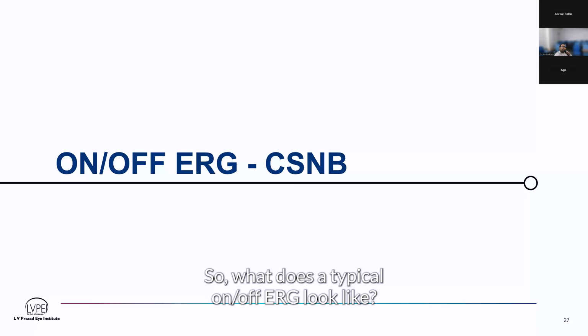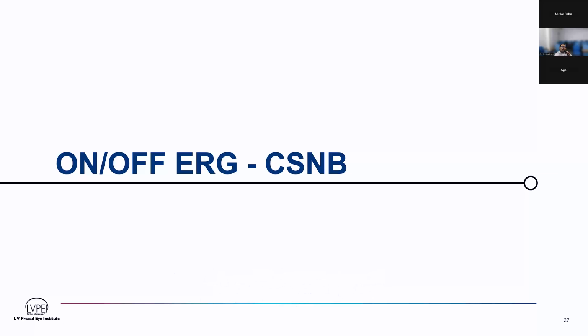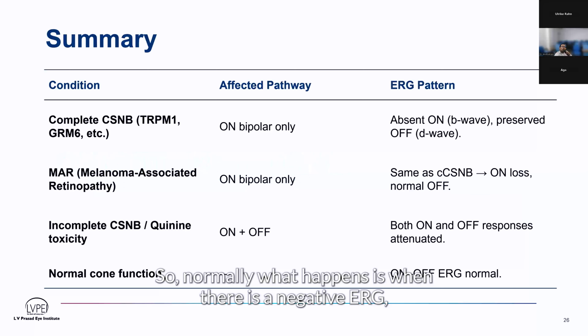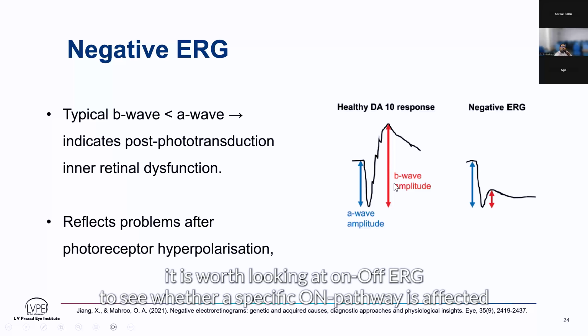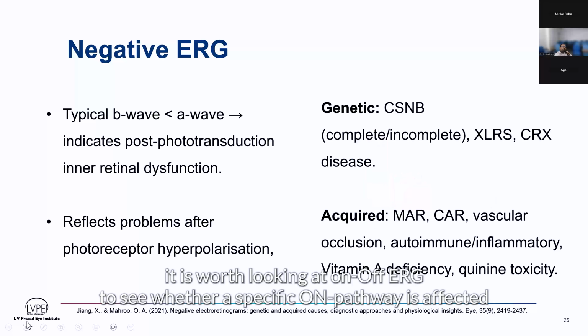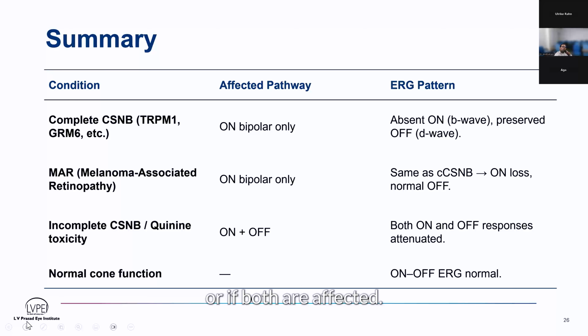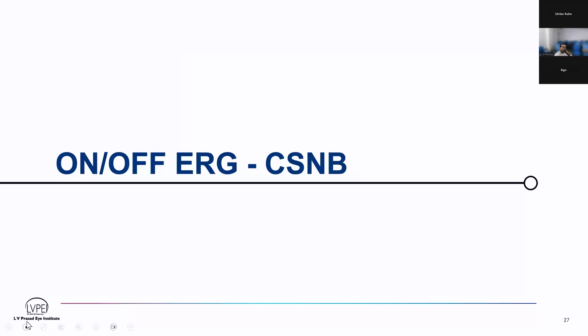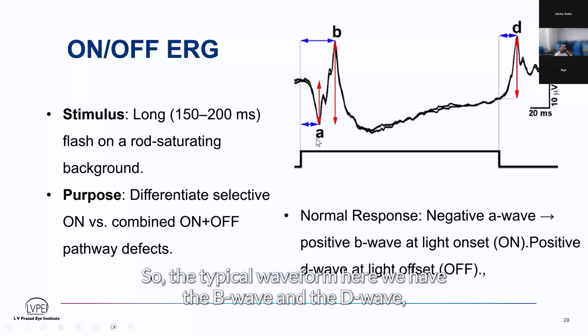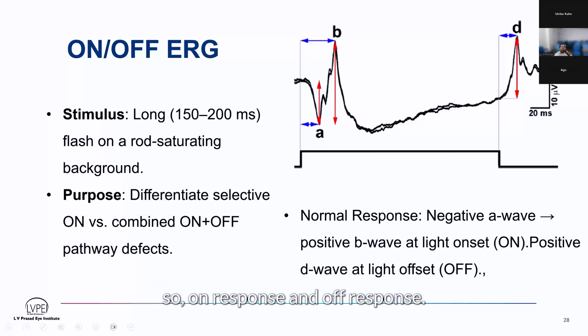So what does a typical on-off ERG look like? Normally, when there is a negative ERG, it is worth looking at the on-off ERG to see whether a specific on pathway is affected or both are affected. In the typical waveform, we have the B wave and the D wave, the on response and the off response.